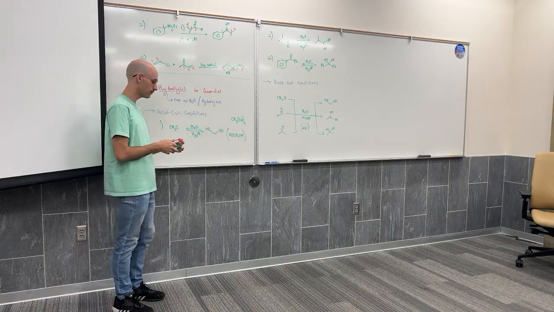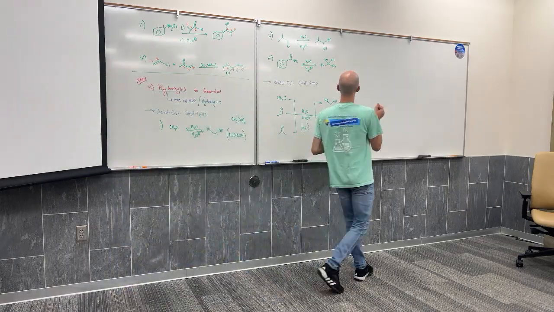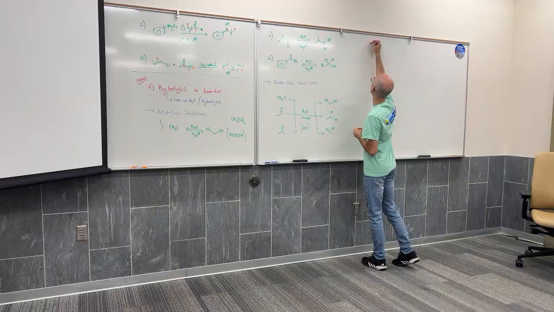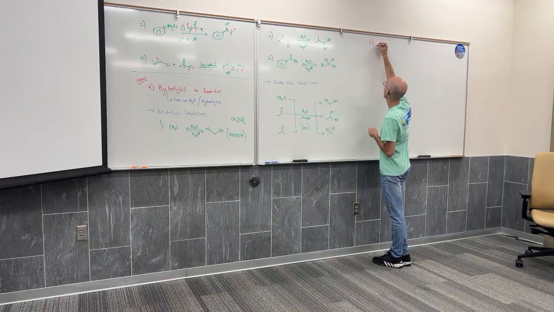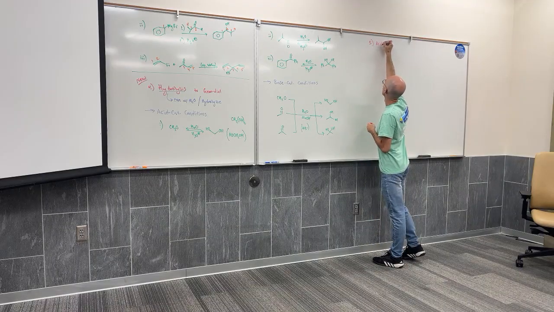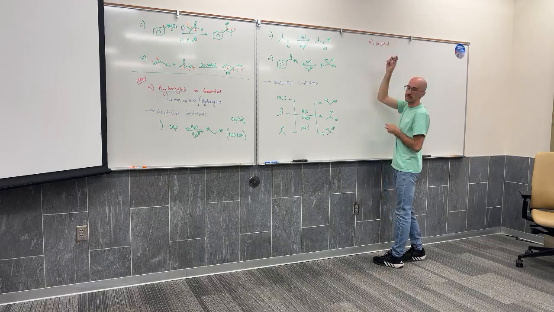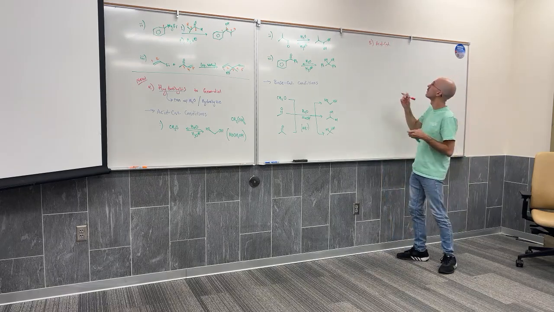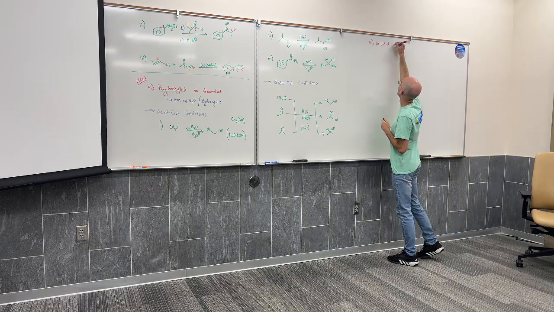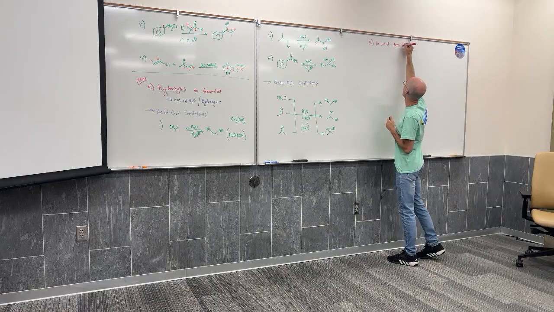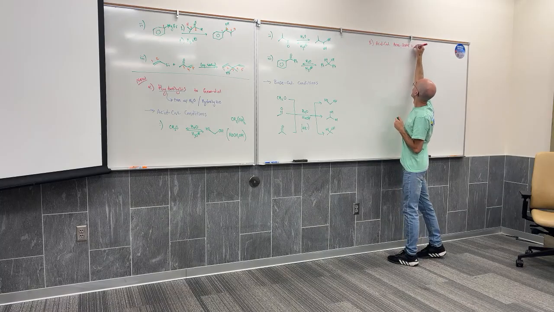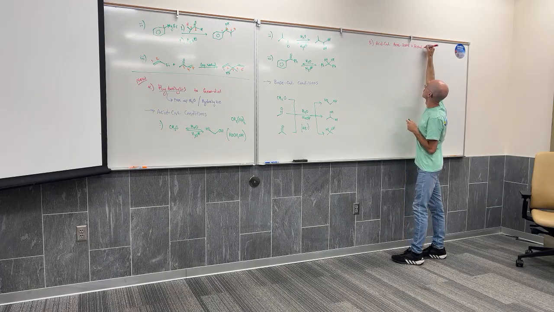Ethers. So what we'll do when we pick up tomorrow is we'll look at our next reaction. Tuesday. No, you guys are coming in Friday. We're going to look at the hemiacetal and acetal formation.